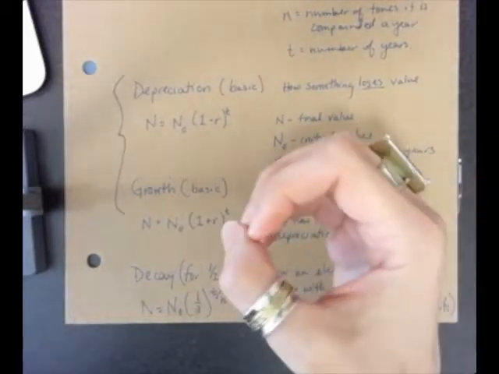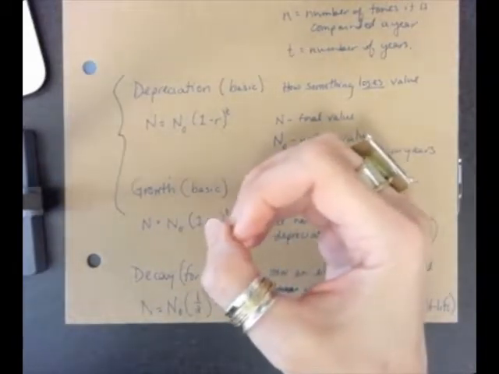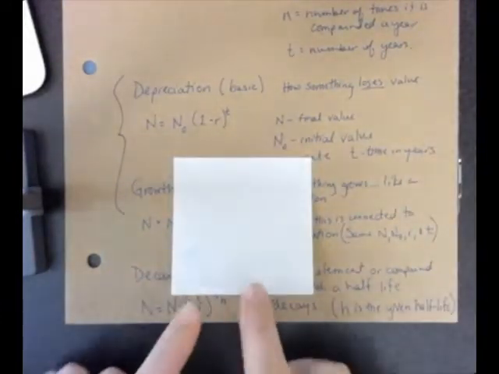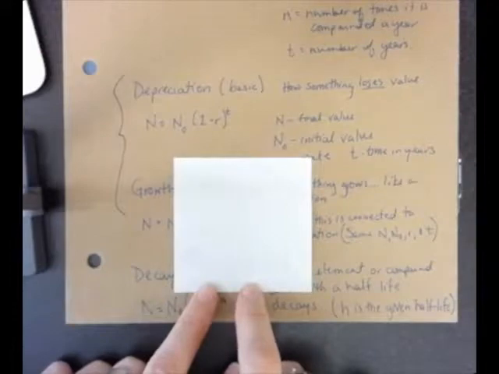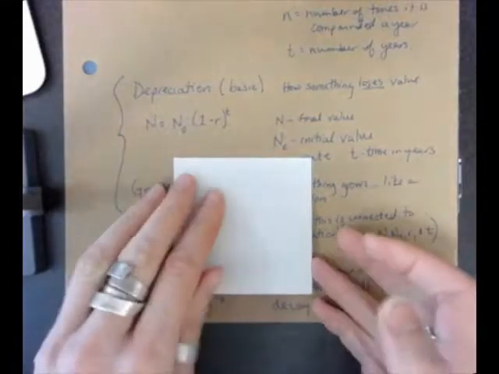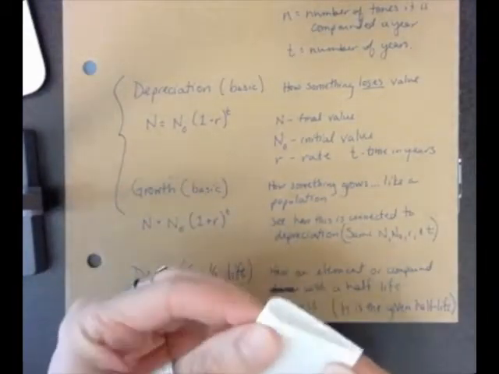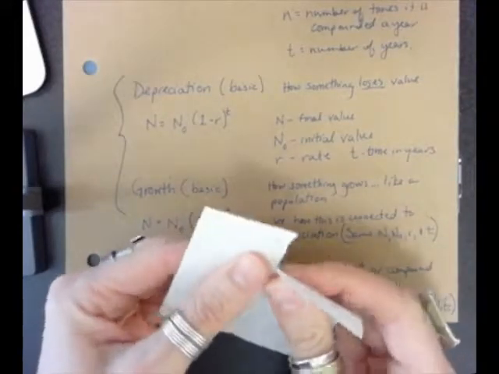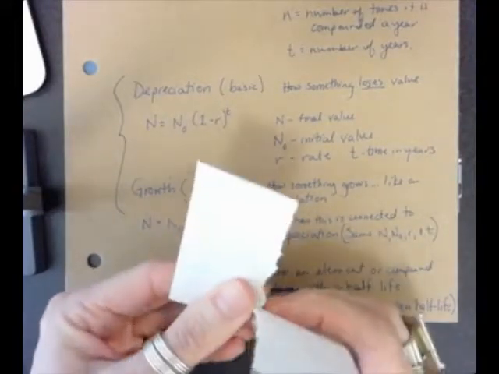For example, say this piece of paper represents some element or compound. If this has a half-life of 10 years, then every 10 years it's going to decay. And what you may have learned is that if this is a radioactive element, the other half actually decays and turns into lead.